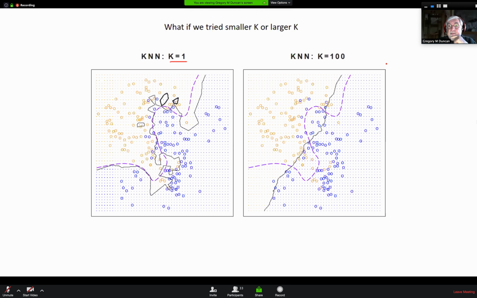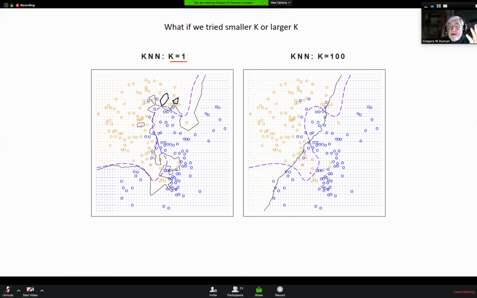Over here, when I have k equal to 100, so I take the 100 nearest neighbors, you get something that's very smooth. There are a lot of mispredictions here.